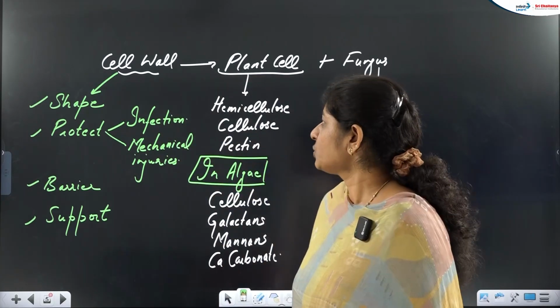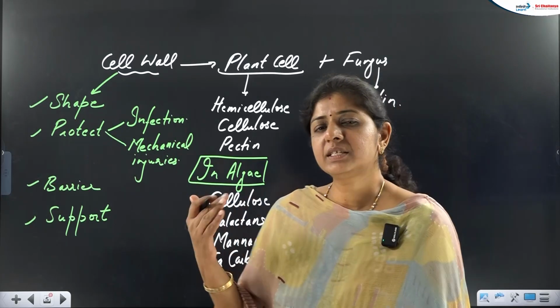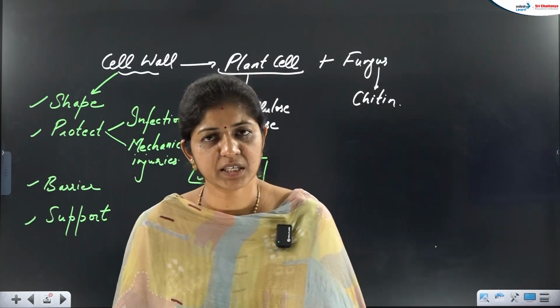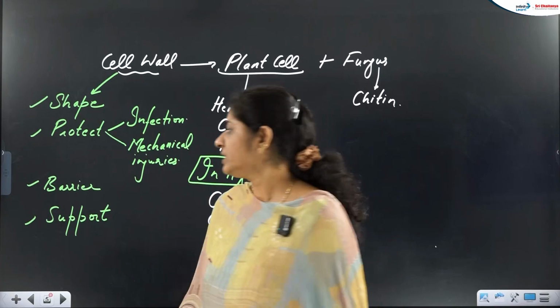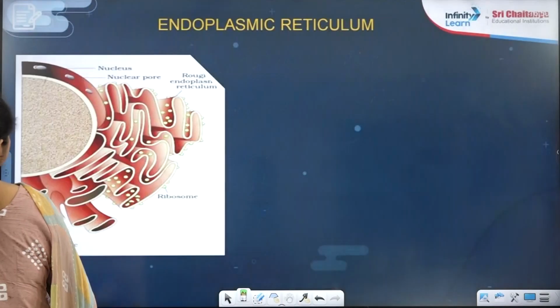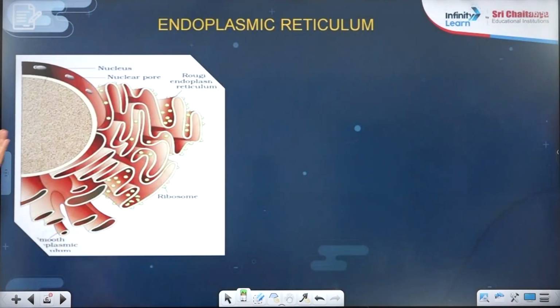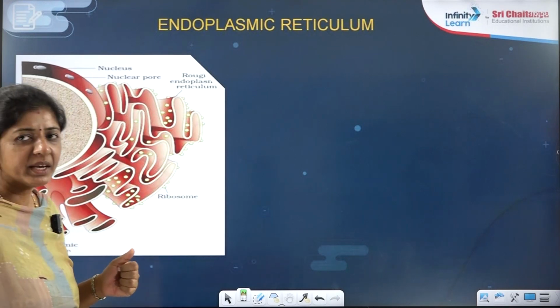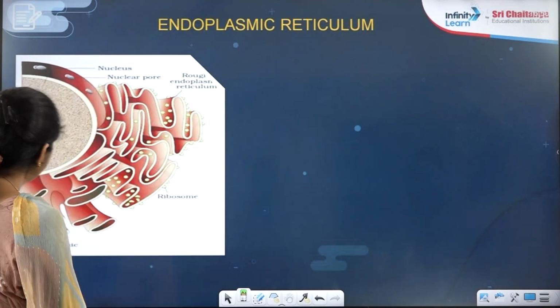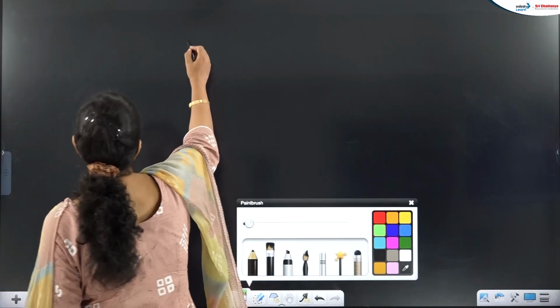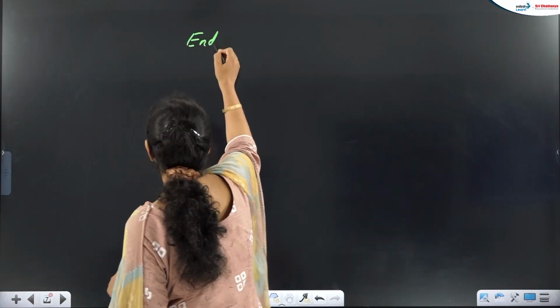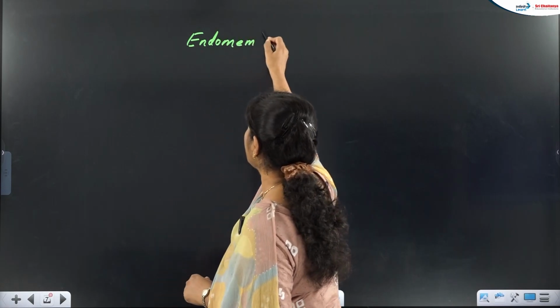Now coming to the next point, the cell wall I discussed is present in the case of the plant cell. Now let's see what is inside the cell. Inside the cell we have the endoplasmic reticulum. But to start with the endoplasmic reticulum, let me tell you one point. There is the endomembrane system.